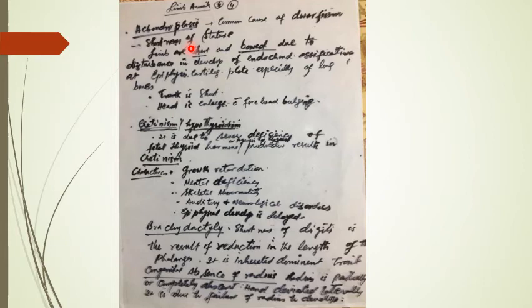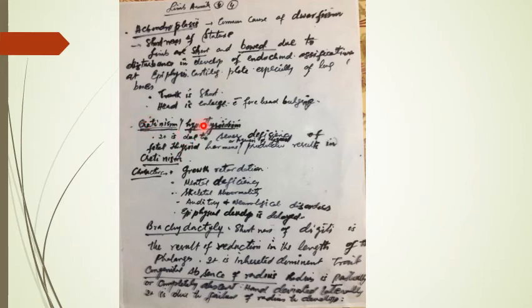In achondroplasia, limbs are short and bowed inward due to disturbance in the development of endochondral ossification at the epiphyseal plate, especially of the long bones. The trunk is short, and the head is large with a bulging forehead. So it is short stature, the reverse of acromegaly, you can say.